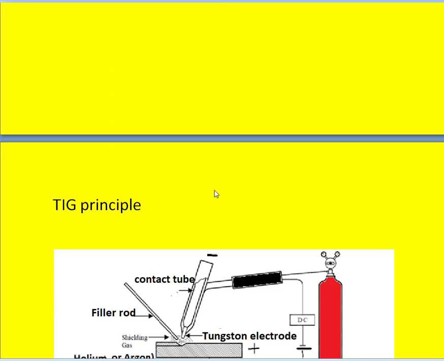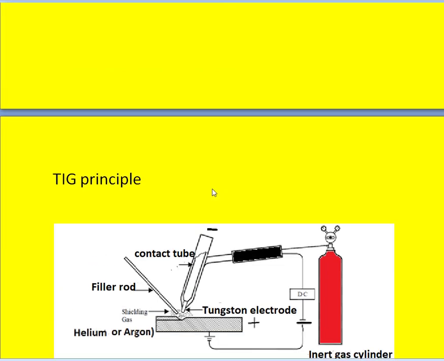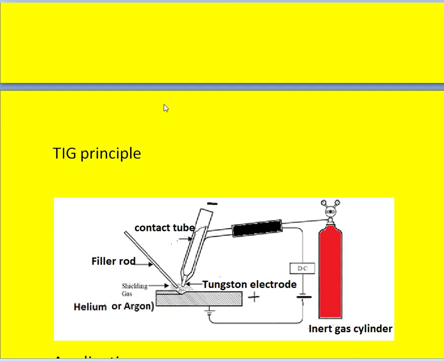Coming to the TIG principle, whatever equipment we have covered so far, we arrange in a proper manner to understand the TIG principle. This is called the base metal, and this is the inert gas cylinder supply. This is the gas pressure controller, and this is the battery DC supply.